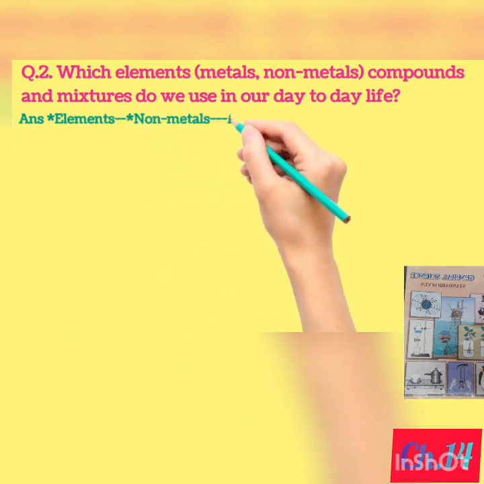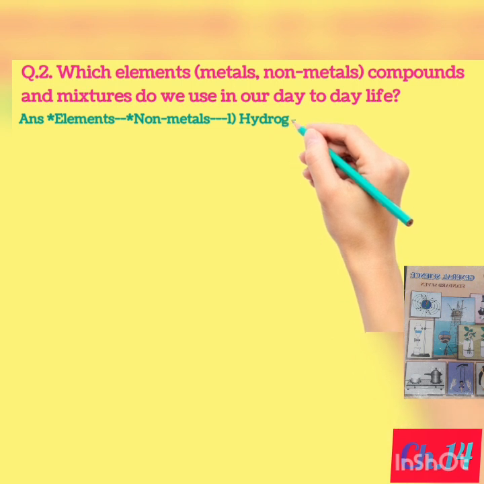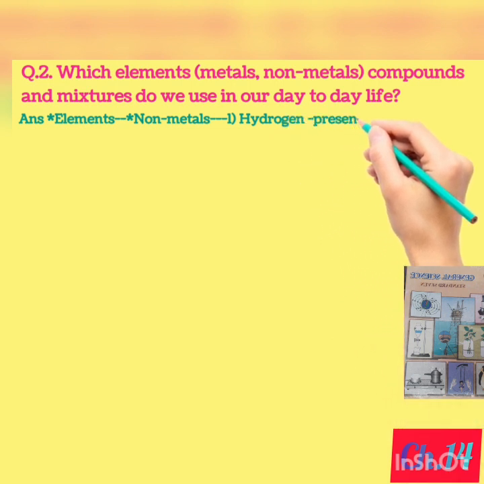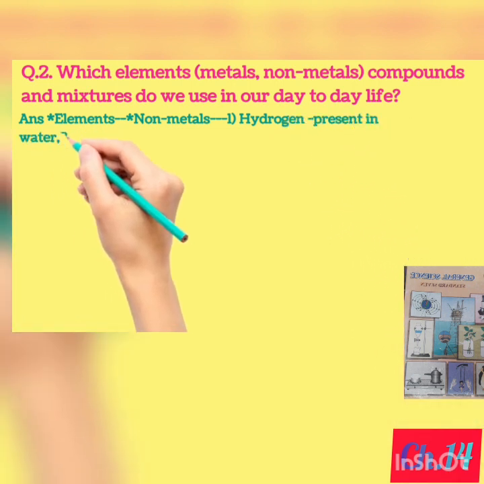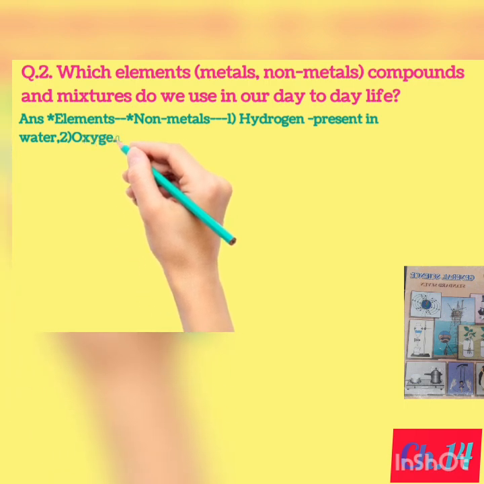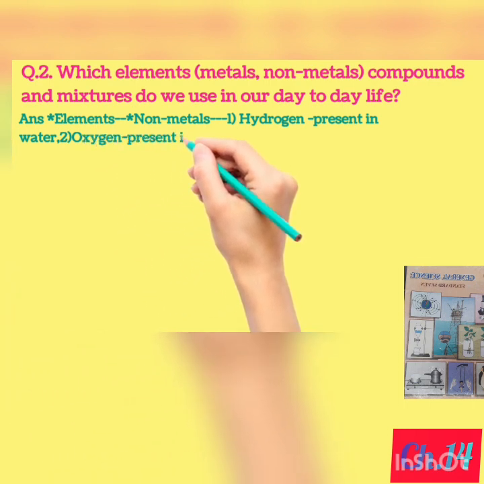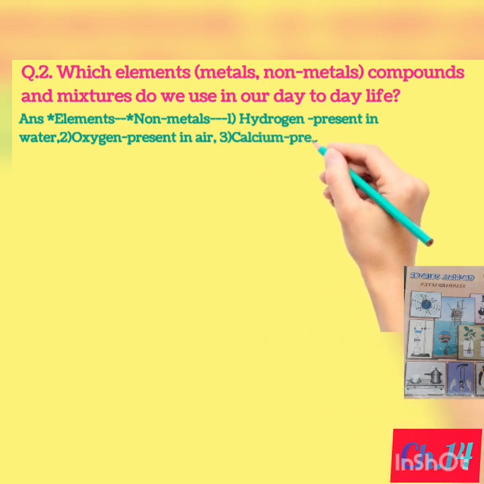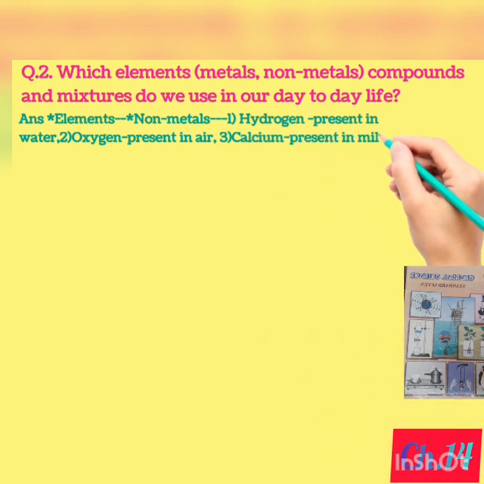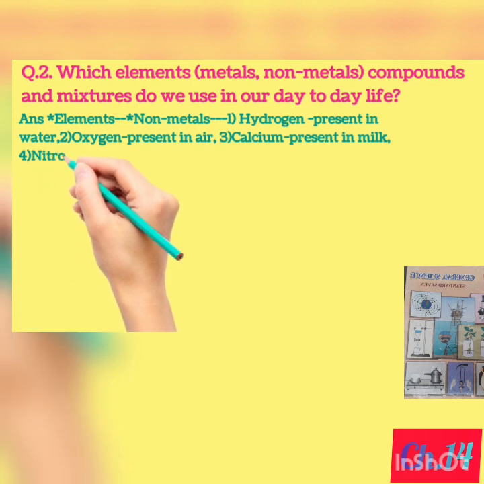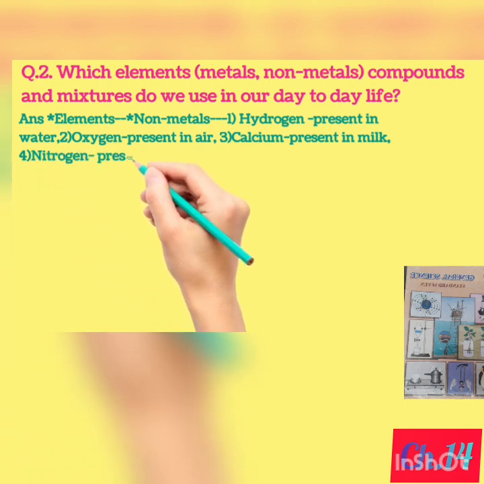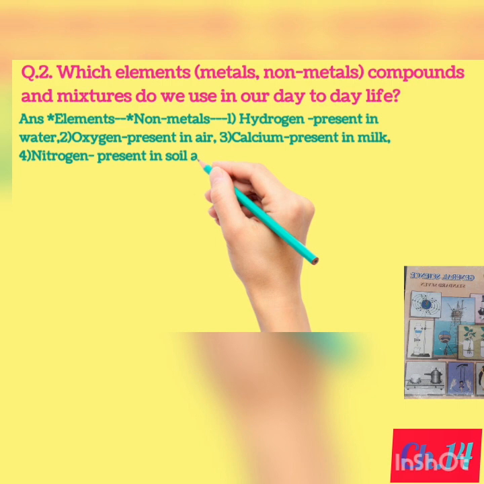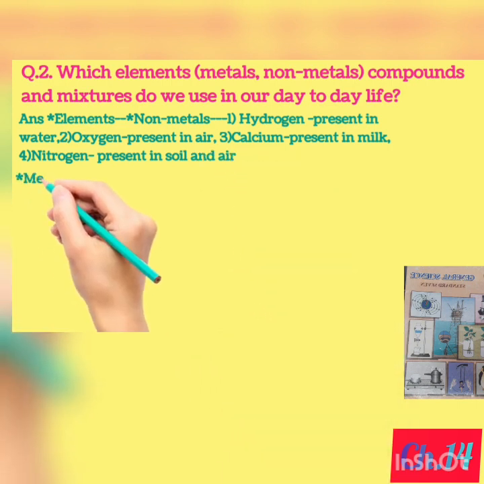First one, non-metals. Hydrogen. It is present in water. Oxygen. We know that it is present in air. Calcium. It is present in milk. Nitrogen. It is the main component of air as well as soil.